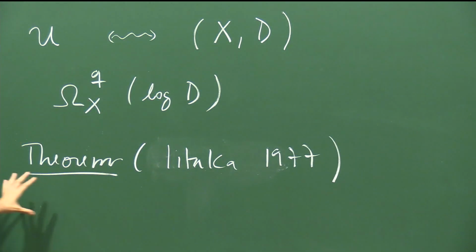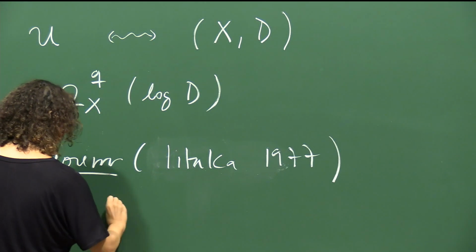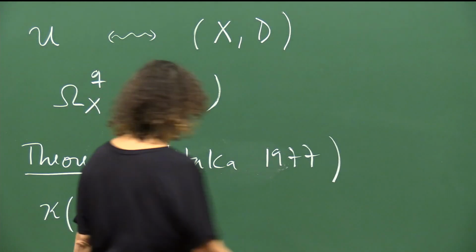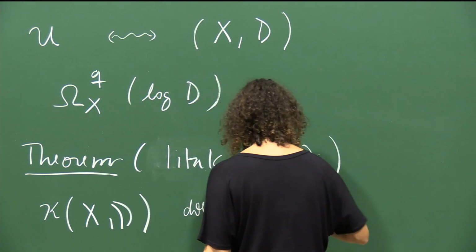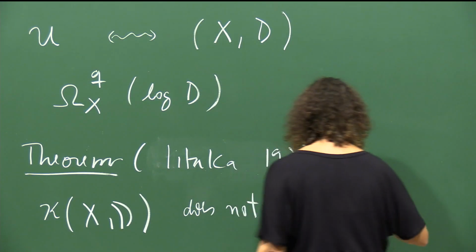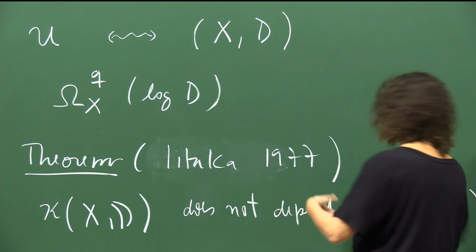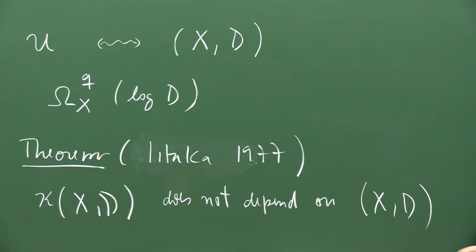So he showed that the Kodaira dimension of the pair (X, D) does not depend on the compactification with smooth boundary. So if you take another smooth compactification with smooth boundary, then the value of this Kodaira dimension is the same.